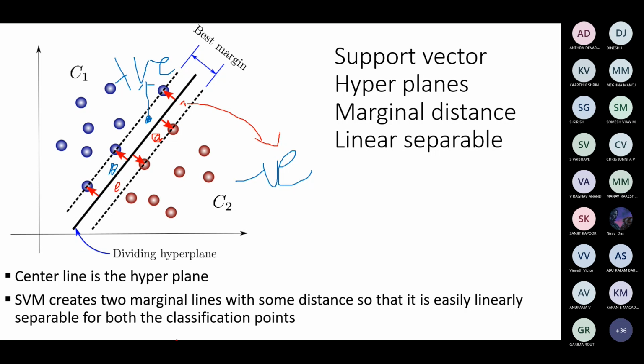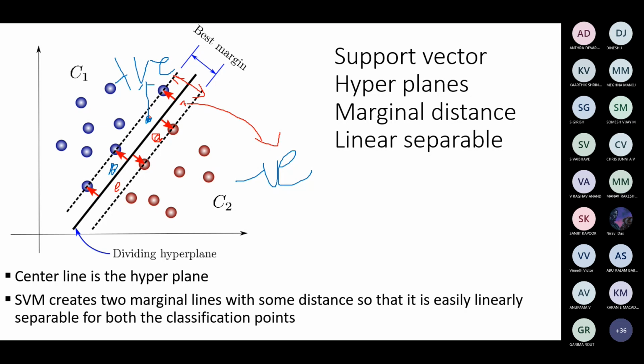This is the entire functionality of an SVM. This is what makes SVM as SVM. By adding two more lines to the space, the distance between the positive hyperplane and the negative hyperplane is called the margin.